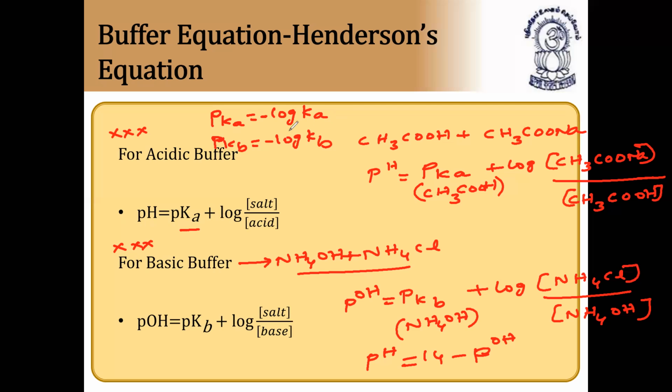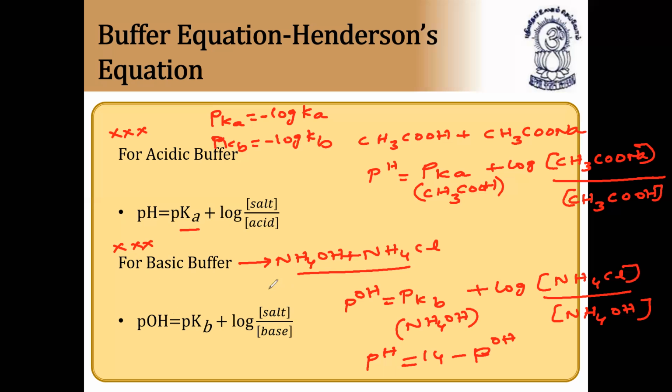So this is the formula for finding pH of acidic buffer. What is the formula using the Henderson equation? pH of acidic buffer is equal to pKa, the negative logarithm of the dissociation constant of acid, plus log of concentration of salt by concentration of acid. And for basic buffer, pOH is equal to pKb plus log of concentration of salt by concentration of base.